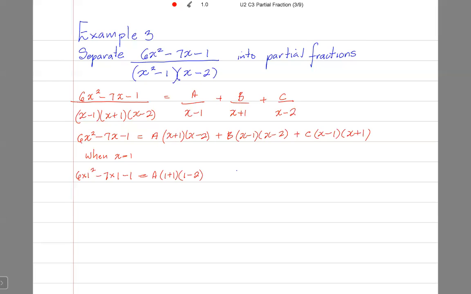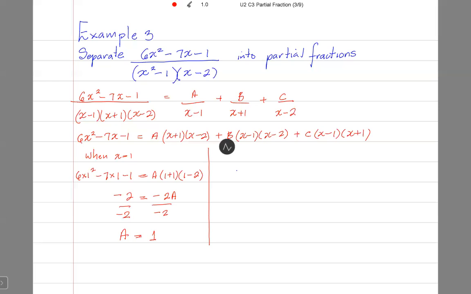So on the left, I'm going to have 6 minus 7 minus 1, which is minus 2. And on the right, I'm going to have 2a times minus 1, this is minus 2a. If I divide both sides by minus 2, I'm going to get a is equal to positive 1.